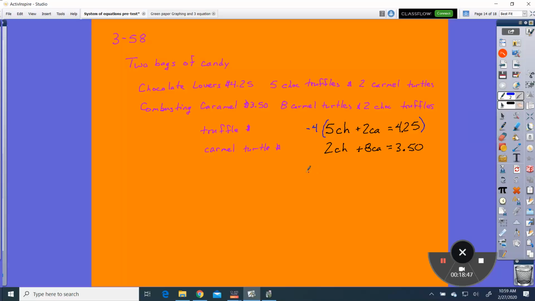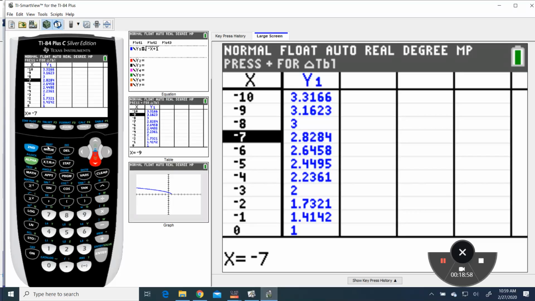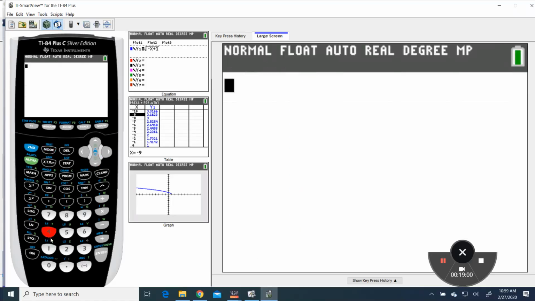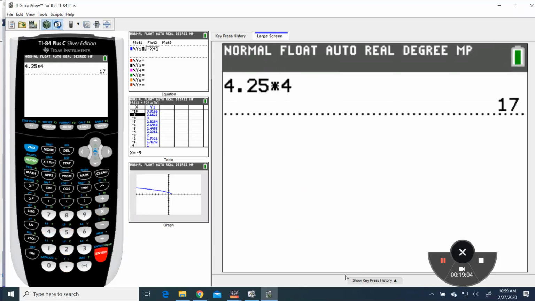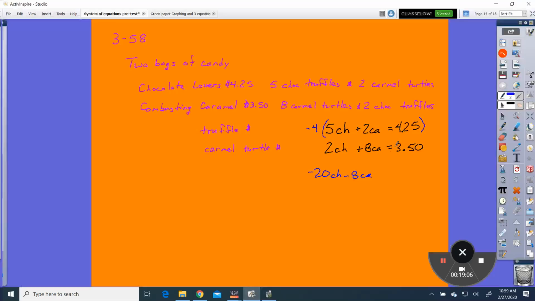So -4 times 5 is -20 chocolate. -4 times 2 makes -8 caramel. And -4 times 4.25 is -17, because 4.25 times 4 is 17, and it's negative because of the -4. Equals -17. My other equation did not change, so that's still 2 chocolate plus 8 caramel equals $3.50.